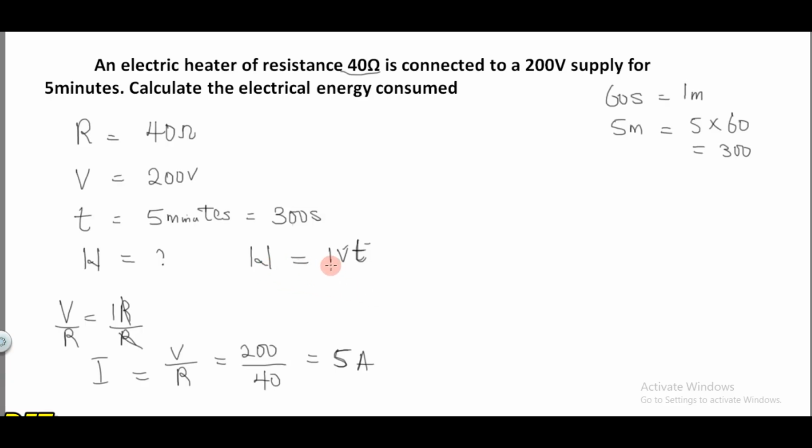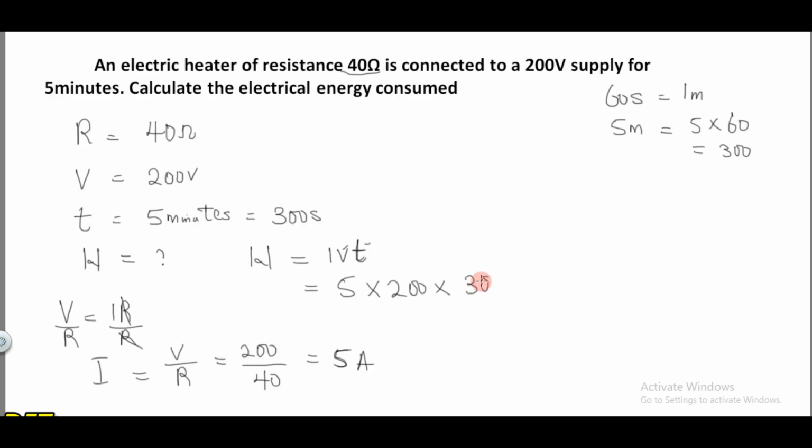Since I have I equal to 5 amperes, I can now look for the work done. So W is equal to IVT. My I is 5 amperes, times my V, which is the potential difference, 200 volts, times my time, 300 seconds.